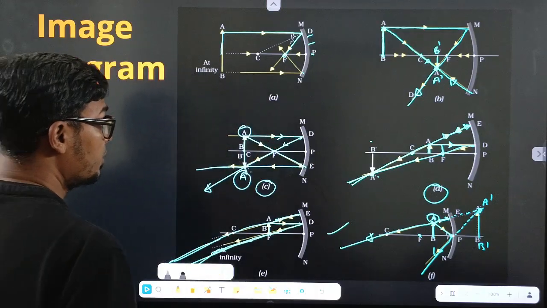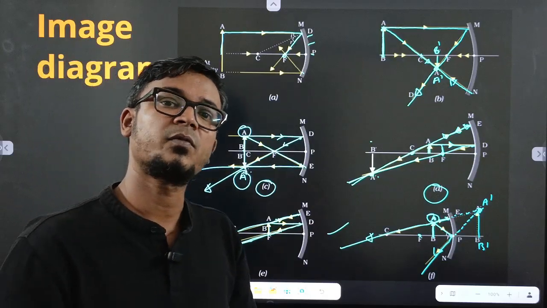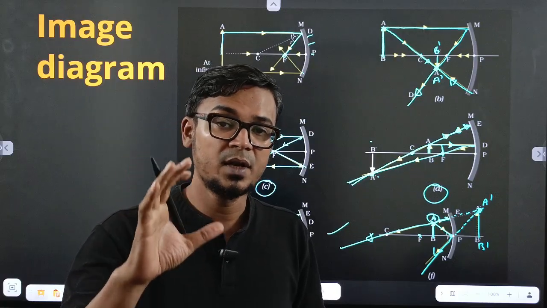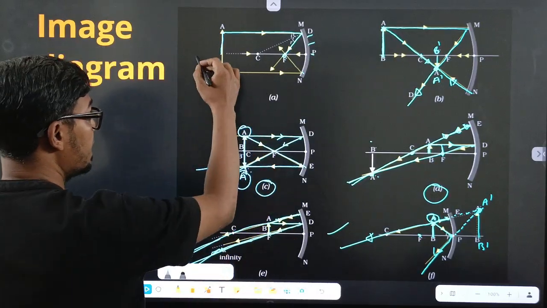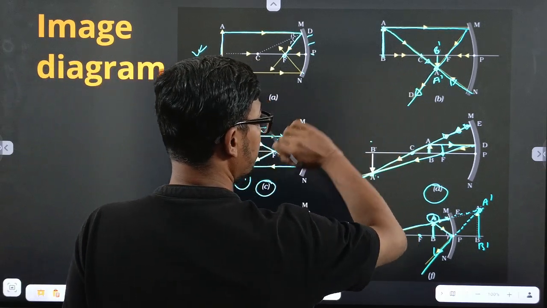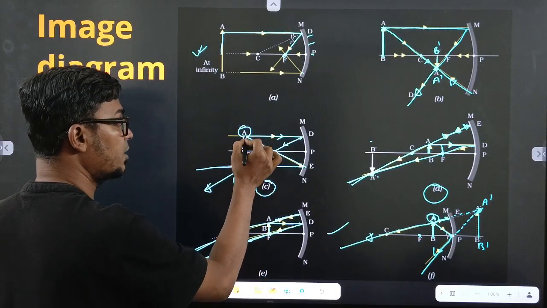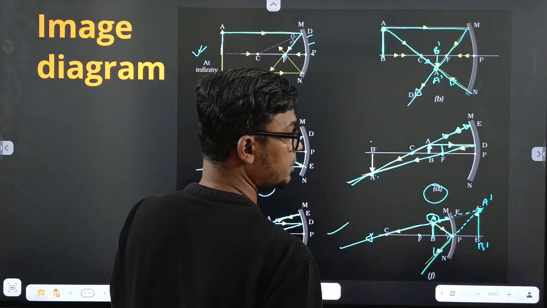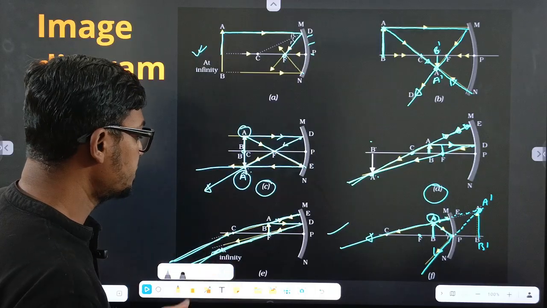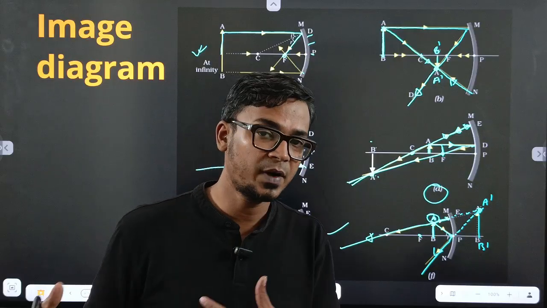So we have seen the six positions of an object for forming the image by using a concave mirror. The first position was infinite distance, the second was between the center of the curvature and infinite distance, the third was on the center of the curvature, the fourth was between the center of the curvature and focal point, and the fifth was on the focal point, where the image forms at infinite distance.